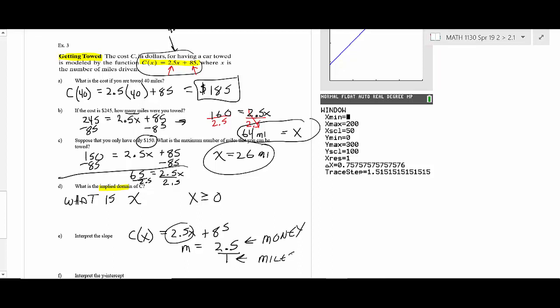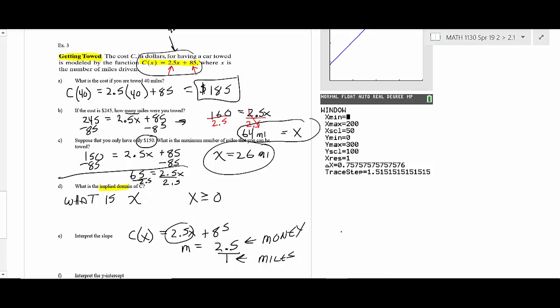So what does that mean? If I just asked you to write a quick sentence, what could you say? I wouldn't say it's the rise over the run, or it's the slope. What does that mean? Every time you drive a mile, what happens? It costs $2.50. Sometimes on a test or assignment students say, it's rise over run, and I already know that.